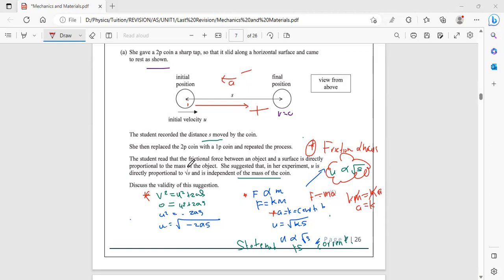And you can use kinetic energy equals work done against the friction as well to do this question.